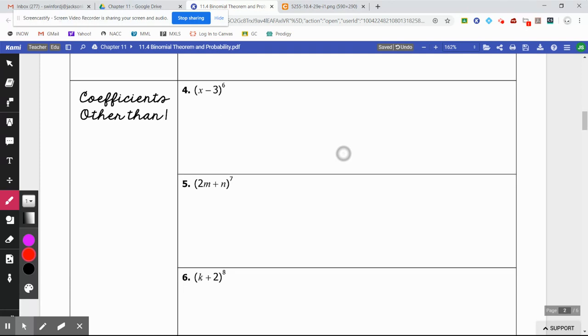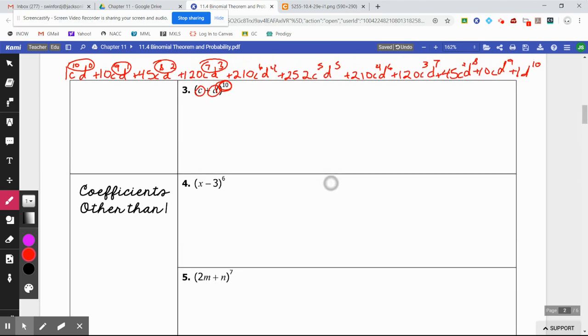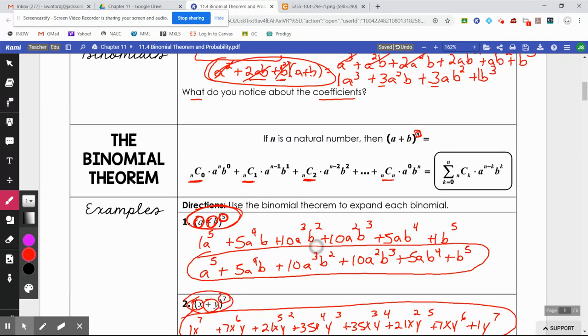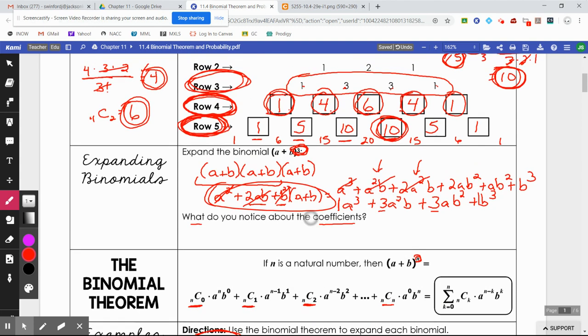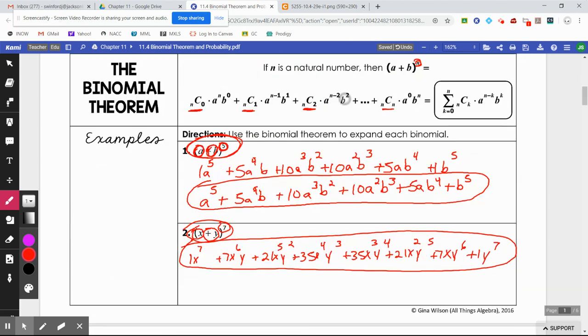Okay, now what if we're raising something to a power that has a number in it? We're going to start these problems the exact same way, x minus 3 to the 6th power. These are going to be a little bit tougher, but not too bad. So we need a 6th power, so we're going to go back to our Pascal's triangle, and the 6th was that bottom row that we created, which was 1, 6, 15, and 20.